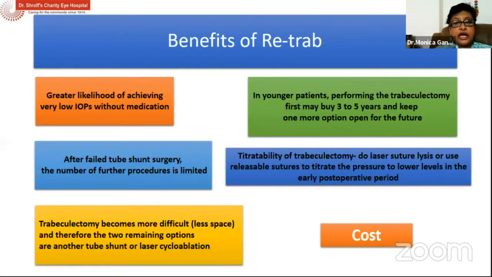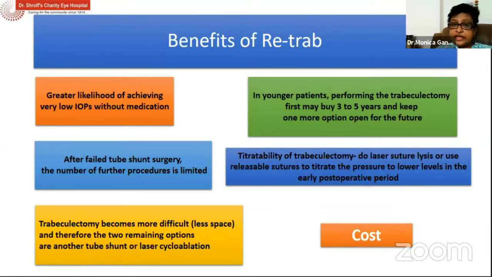So therefore, why Re-trab? My take is because there is a greater likelihood of achieving very low IOPs without medication. If we have a younger patient and we perform a trabeculectomy, we buy some years and we keep other options like a tube in our pocket to be used later if needed. If the tube surgery fails, you're pretty much at no other option but to go in for another tube.